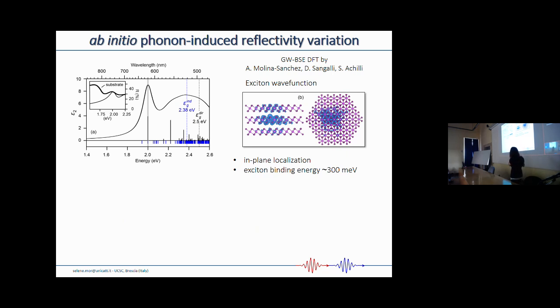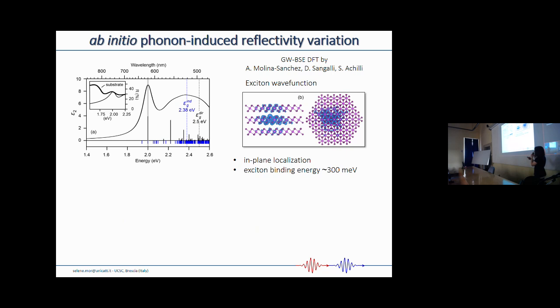They found that the excitons in this material are pretty localized, basically within the first layer and a little bit on the one next to the main one. The exciton binding energy is particularly high, on the order of 300 meV, which is a really high value for a bulk semiconductor.